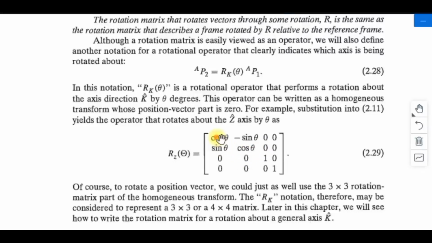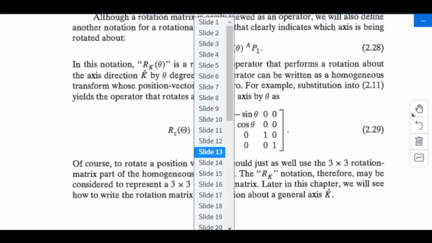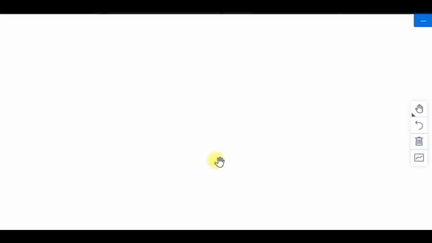For x, the 1 is here, 0 0 0 0, and this is sine cos cos sine, and one of the signs is minus. So the rotational matrix is over.